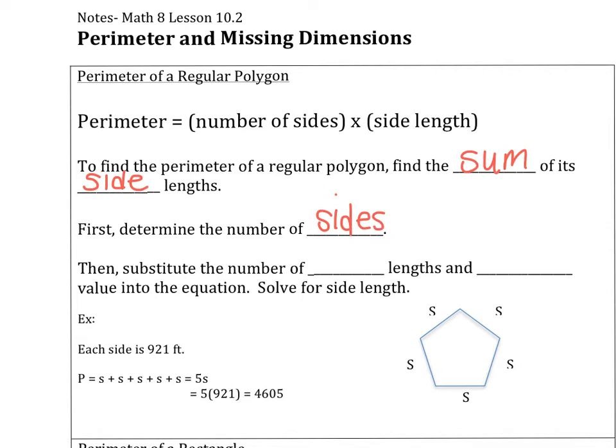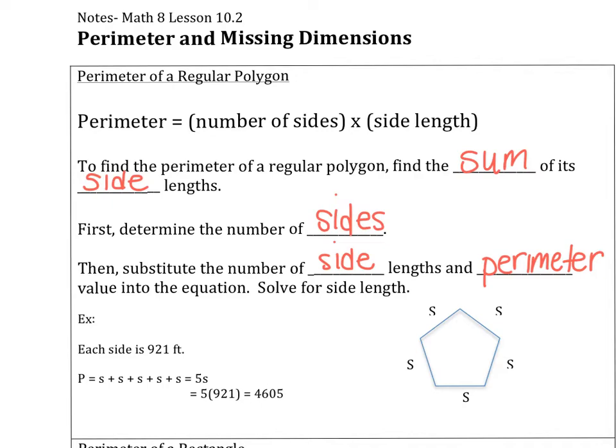Then we substitute the number of sides and perimeter value into the equation. Solve for side length.